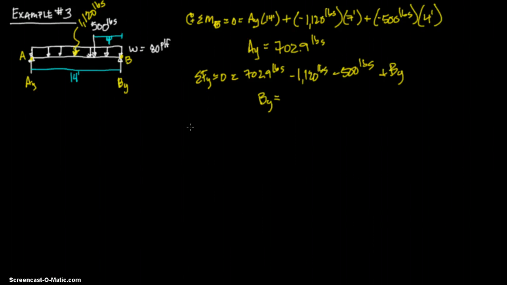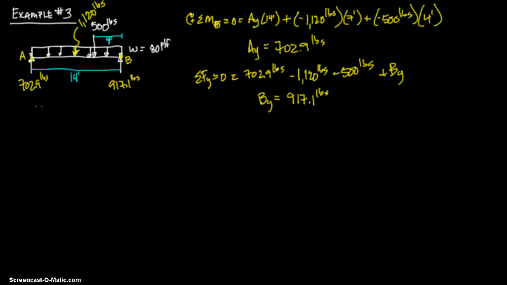So 1,120 plus 500 minus 702.9, BY equals 917.1 pounds. Alright, now let's go ahead and put it in here. Let's say 702.9 pounds, and again 917.1 pounds.